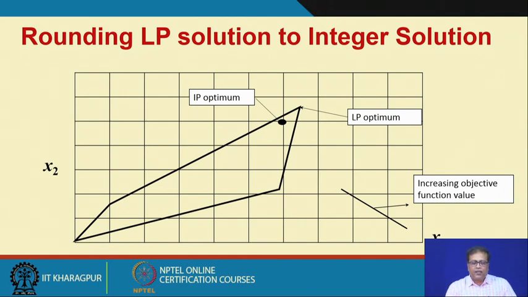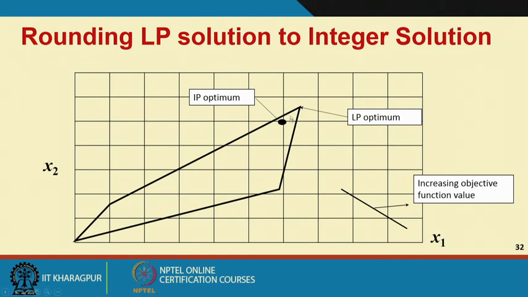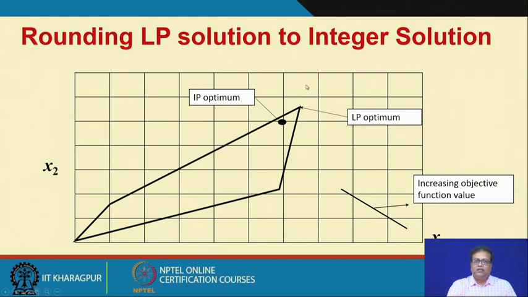So, we have to be careful which is the solution we get here. Look here, rounding LP solution to integer problem, suppose this is our solution space and this is our LP optimum and this is our IP optimum, this is the integer solution. The LP and IP, they are very near, and as you move this side, objective function value increases.